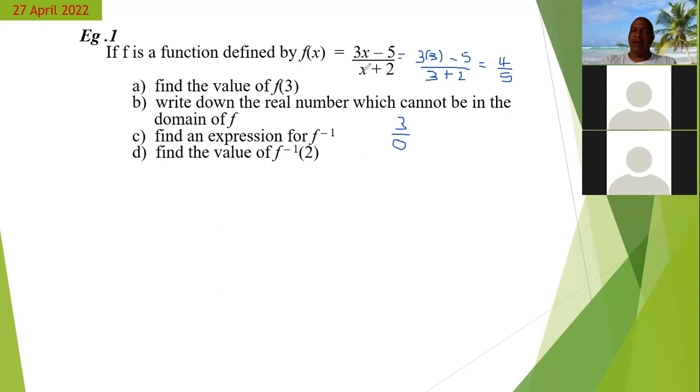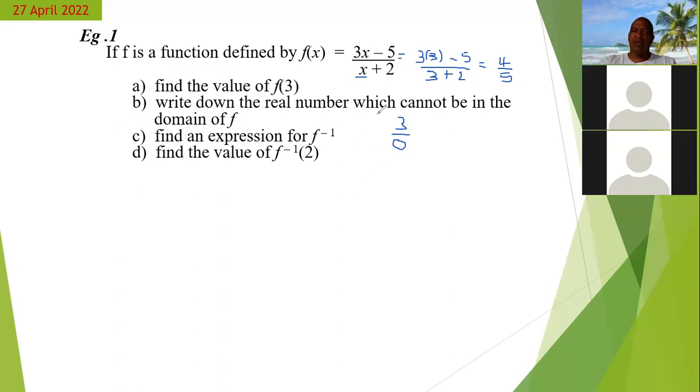If you take out x and put in a number, which number could you put here to make the denominator 0? -2, exactly. So if x is -2, the denominator will become 0, and it would make this function undefined. So we cannot put -2 in the domain.